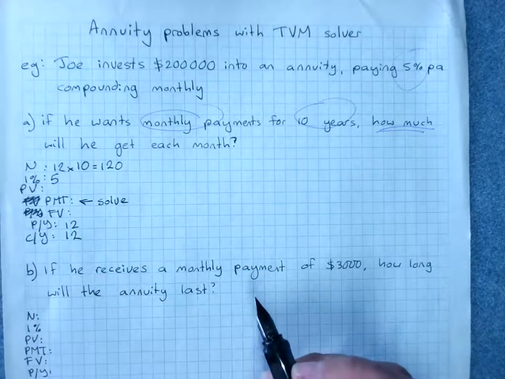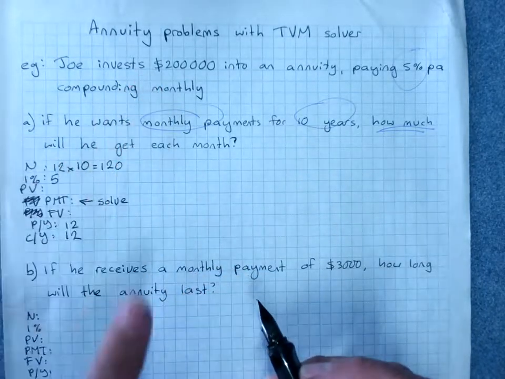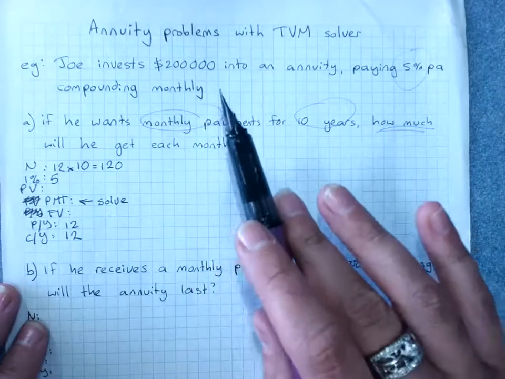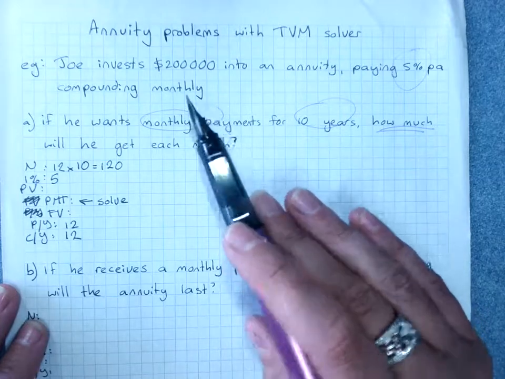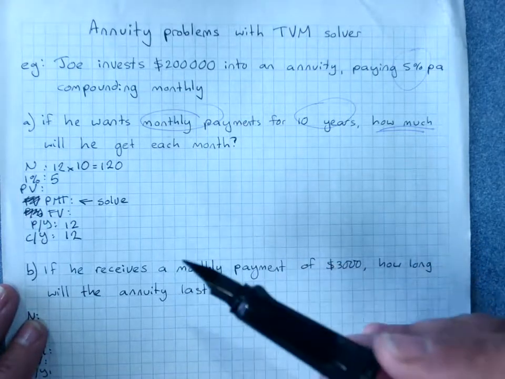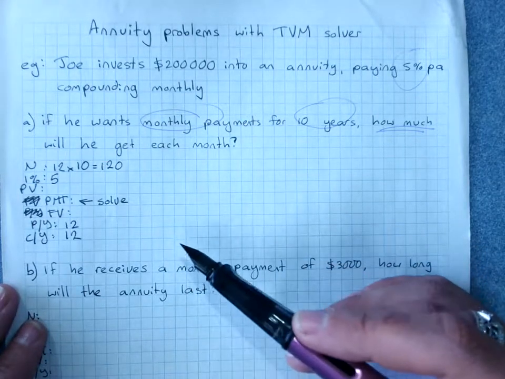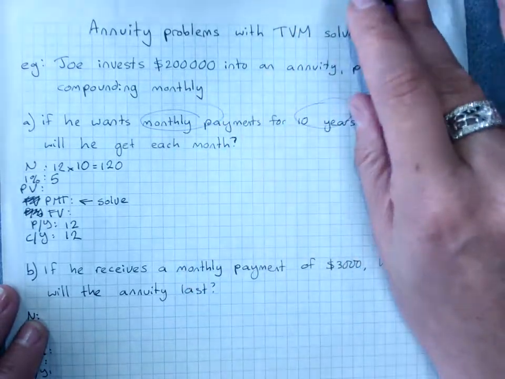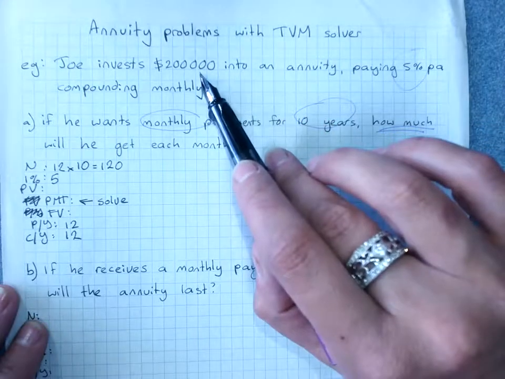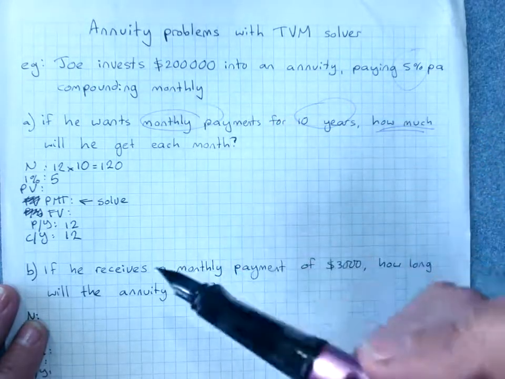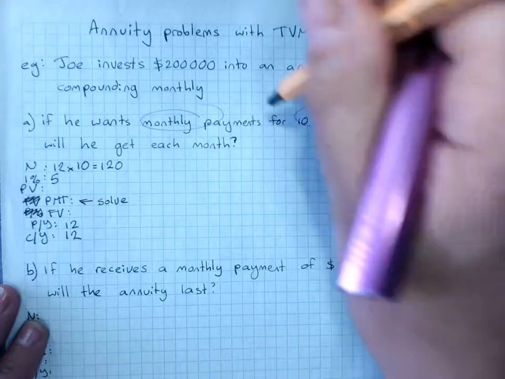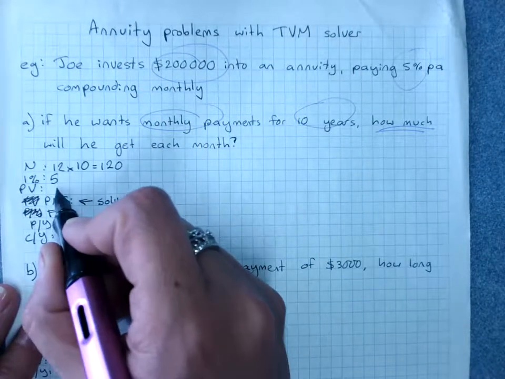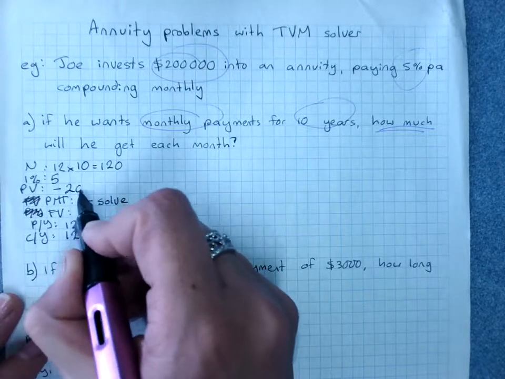Now, as always, we've got to look at what's positive and what's negative. Remember, you're looking at where the money's going. If you have the use of the money, if you currently have the benefit of the money, that's positive. If you don't have the benefit of the money, if the money's gone elsewhere from you, that's negative. So for an annuity, your principal is negative because you've handed that money to someone else.